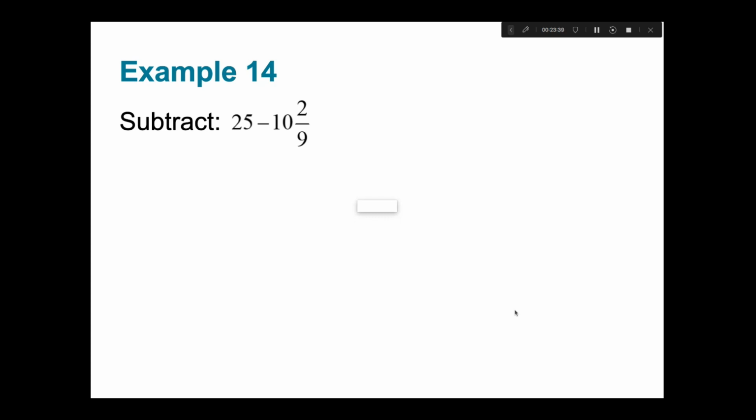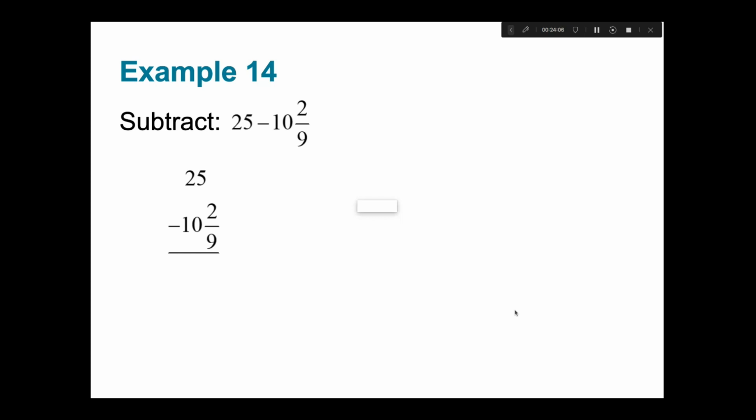Gotta bother you. Okay. So our next example says we have the whole number 25 and we're subtracting a mixed number away from it. So 25 minus 10 and 2/9. First, I'm going to rewrite my problem up and down because I am a firm believer when we add and subtract, it probably should be up and down to get that done.